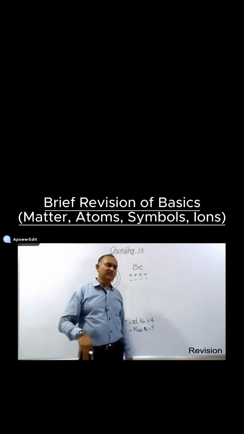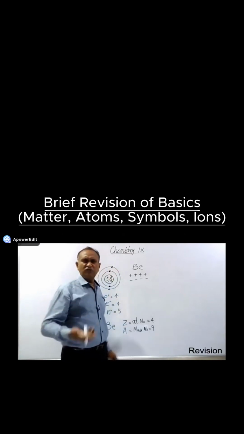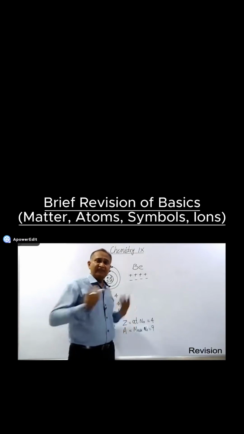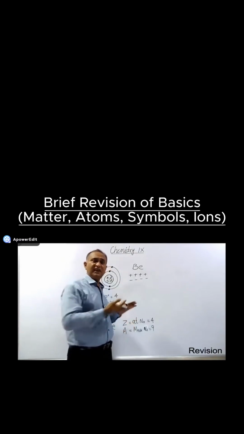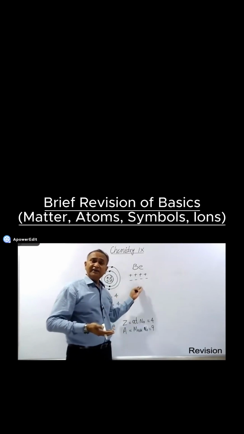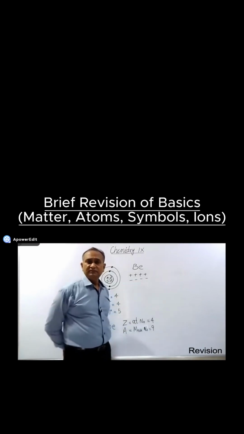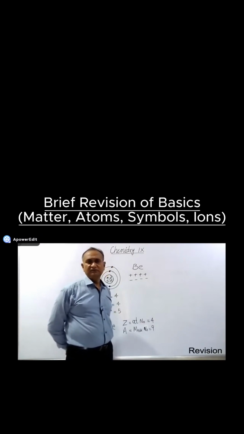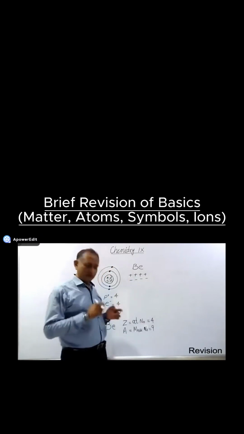Now the next question: is there any possibility to change this balance, to disturb this balance? Yes, scientists have done it. They disturb this balance. They can add or subtract electrons. Look at the board.